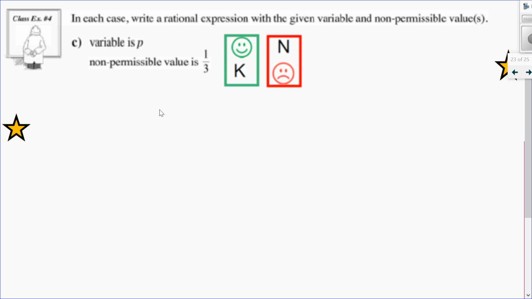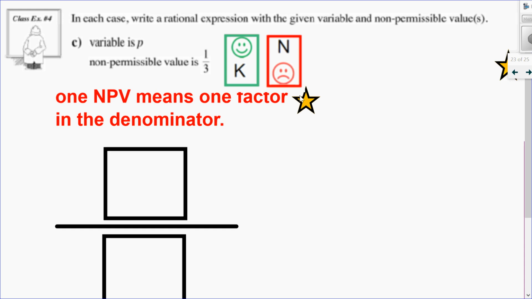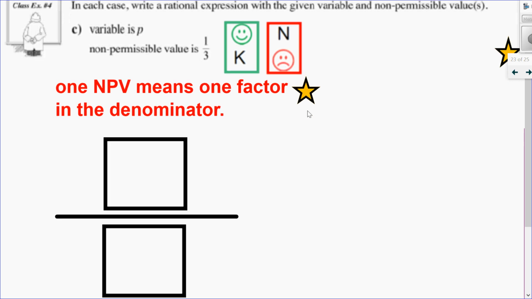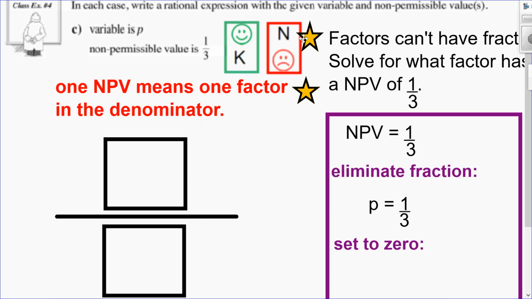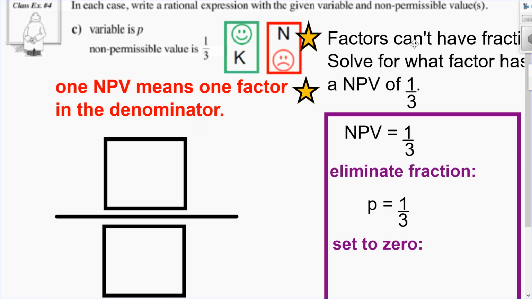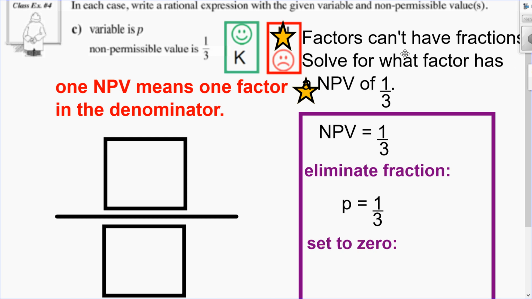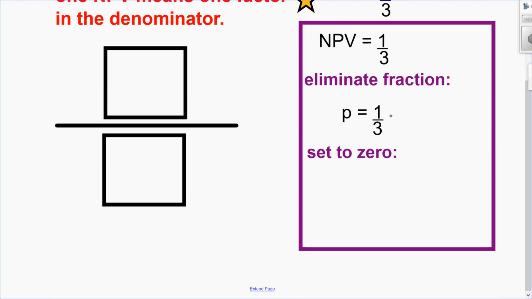Okay, in this one here, I have a variable of p and a non-permissible value of 1 over 3. One non-permissible value means I have one factor in the denominator. So let's look at our non-permissible value. It is a fraction, and factors can't have fractions in the denominator. So since my non-permissible value is a third, I'm going to set p equal to a third.